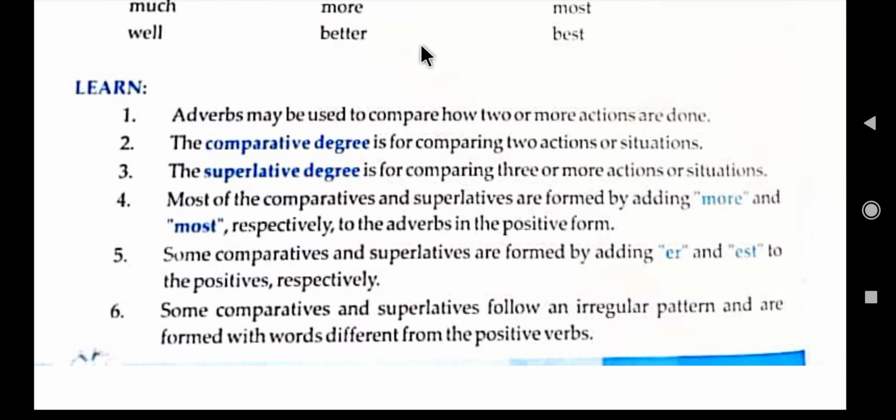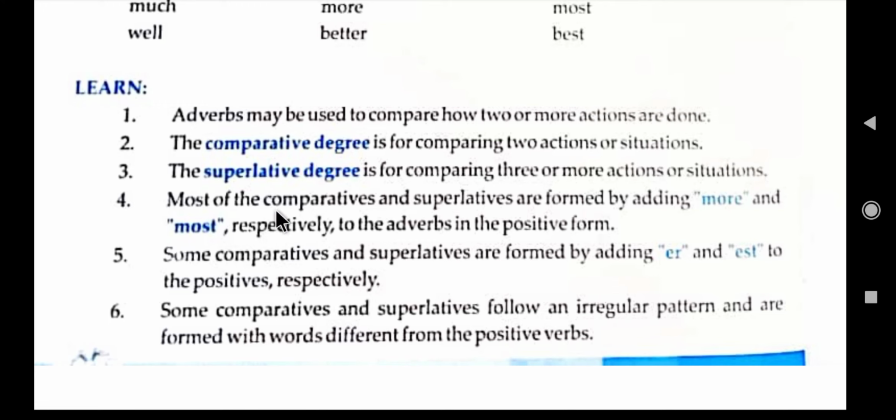Next one is the superlative degree is for comparing three or more actions or situations. So we use the superlative degree in adverbs when we have to compare more than two actions. When we have to make a comparison between two, then we use comparative degree. When it is more than two or all, then we use superlative degree.